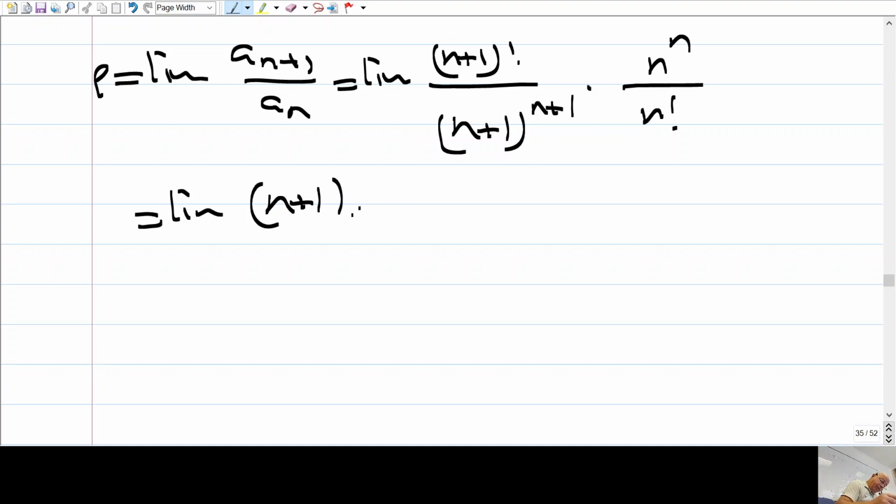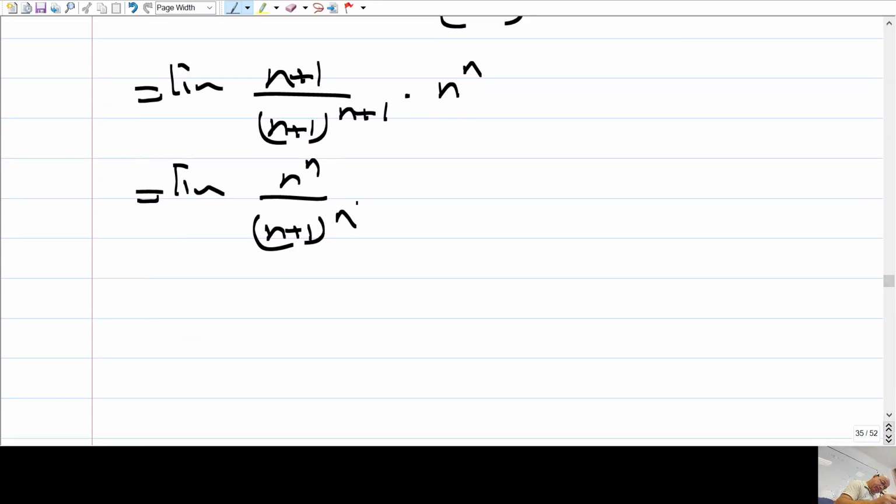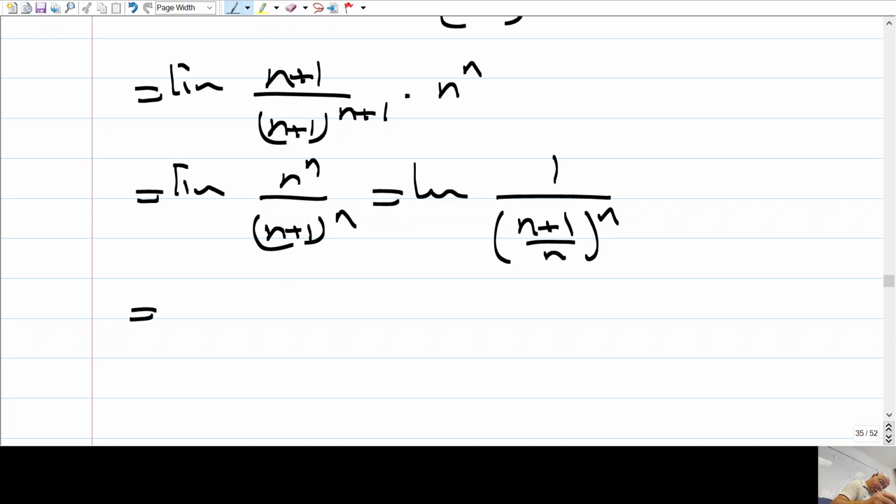And then here I have (n+1) to the power n+1, and then I have n to the power n. One of the n+1 cancels and we get n to the power n divided by (n+1) to the power n. So this is just the limit, I can write it this way, of (n over n+1) to the power n.